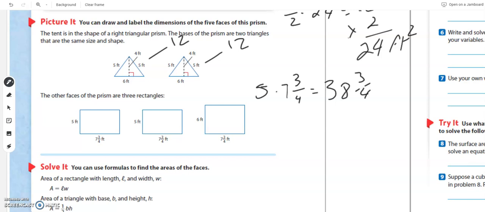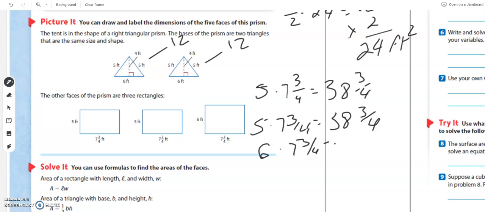Then the other one is 5 times 7 3/4. It's 38 3/4. And finally 6 times 7 3/4 equals 46 1/2.